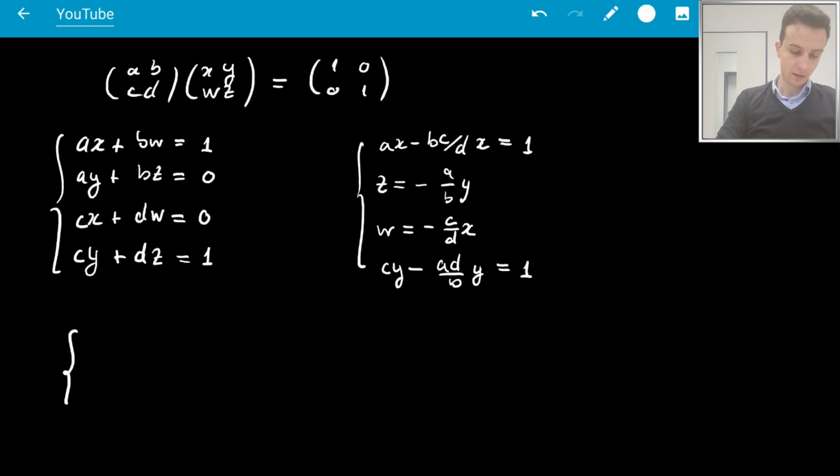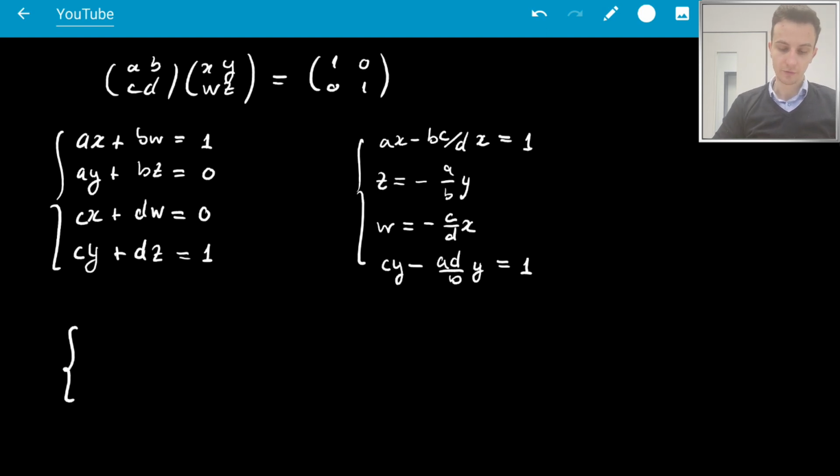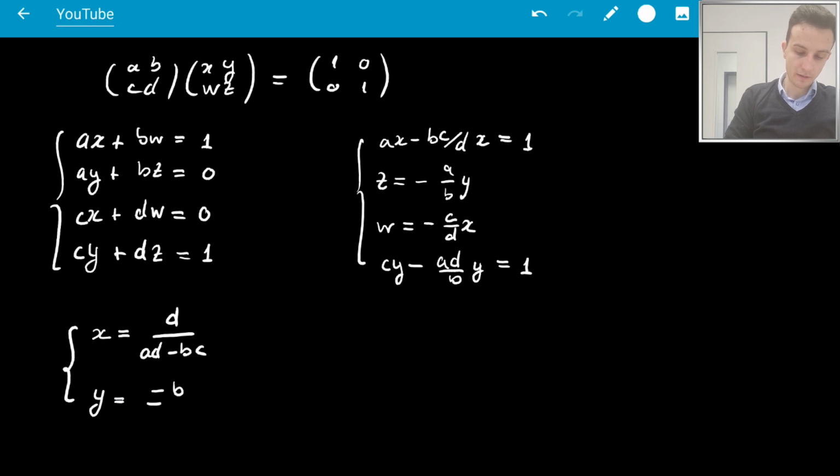So I'll write just a system of two equations now. So x is, first I'll multiply everything by d. So I'll have d over ad minus bc. And y will be minus b. I multiply everything by b. And then I have ad minus bc.